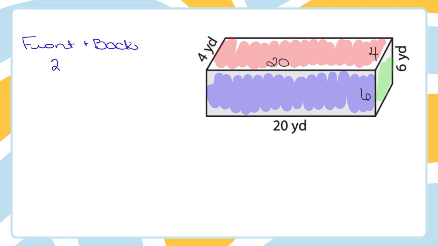Got to double it. 20 times 6 times 2. And what is the area of these two, Abigail? 240. Very good. Okay, I'm going to the left and right.